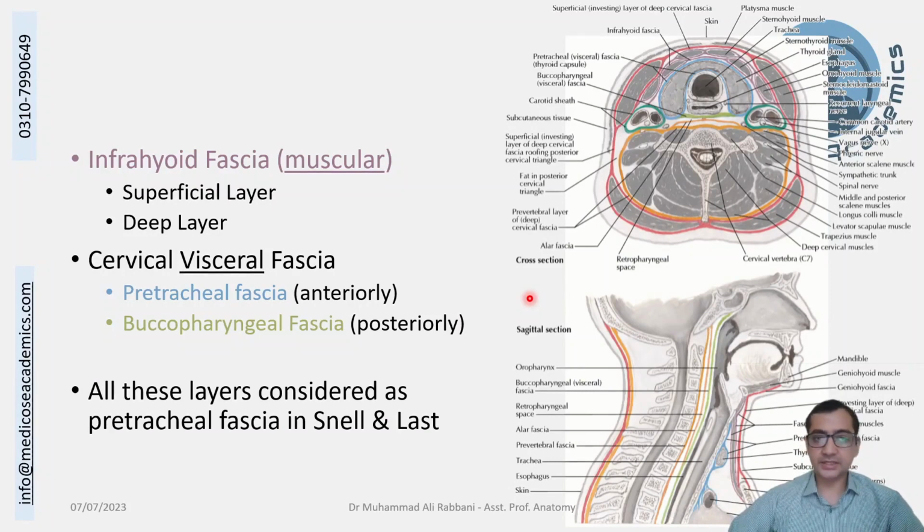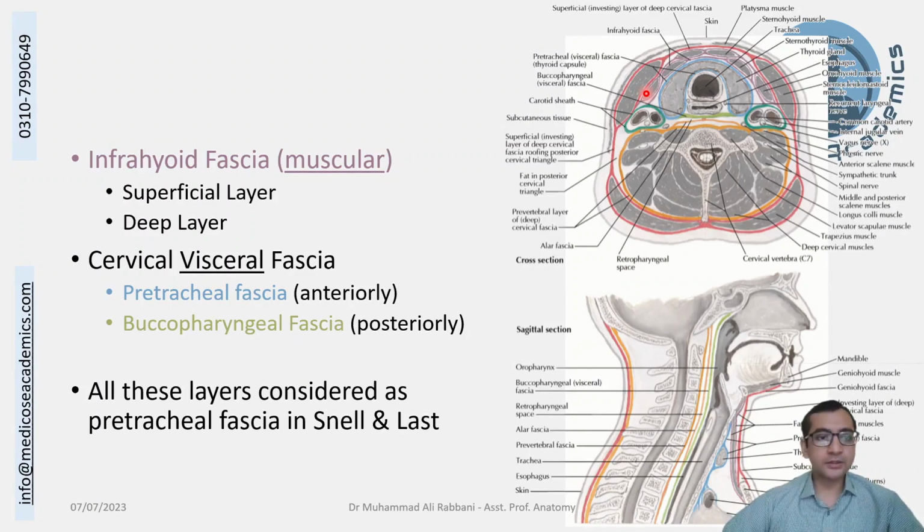Moving to the next fascia, let's follow the color coding of the next picture here. This is the fascia that is covering the infrahyoid muscles, that is the infrahyoid fascia, also known as the muscular layer. If you remember from yesterday's lecture, the infrahyoid muscles were arranged in two layers.